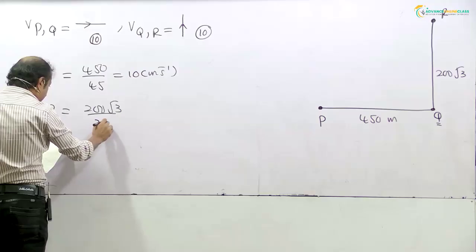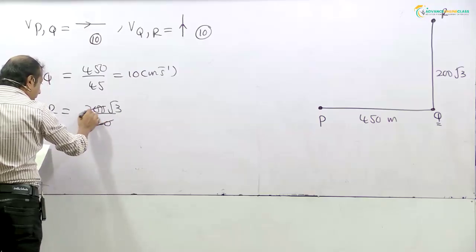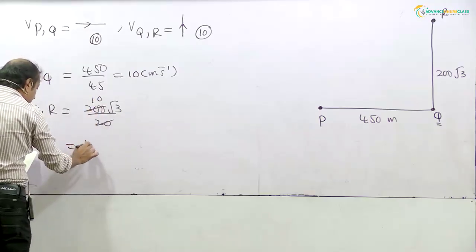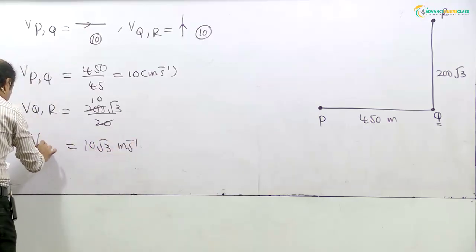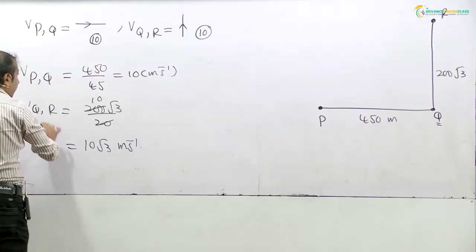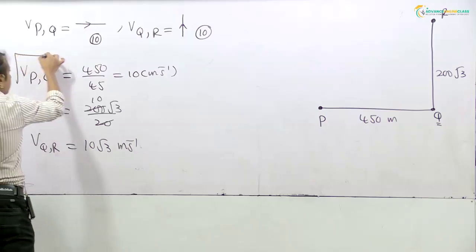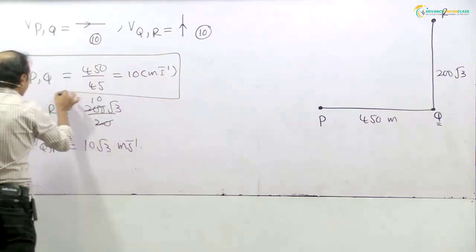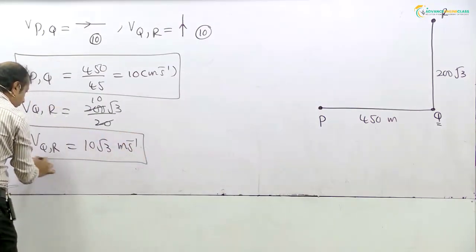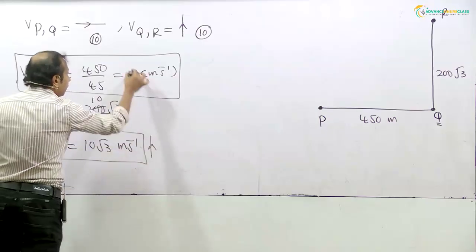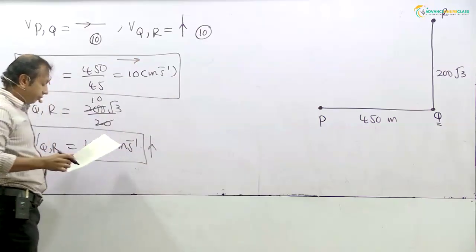Divide this by 20, and these two cancel. 10 root 3 meters per second, VQR. These two we are given now. It's a very easy question.